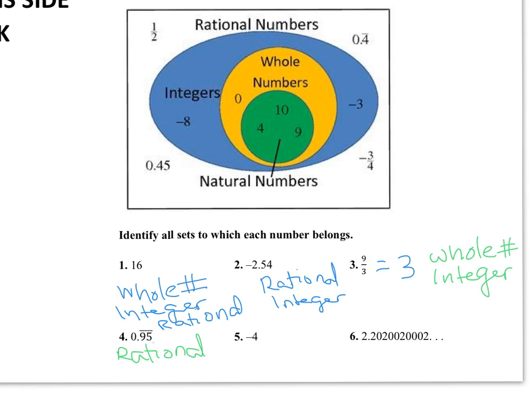For question number 5, we have negative 4. Negative 4 is an integer, and it still fits in the category as a rational number. Then for number 6, 2.20200200002, we notice there is a pattern going on, but each time this pattern continues, we add another 0.